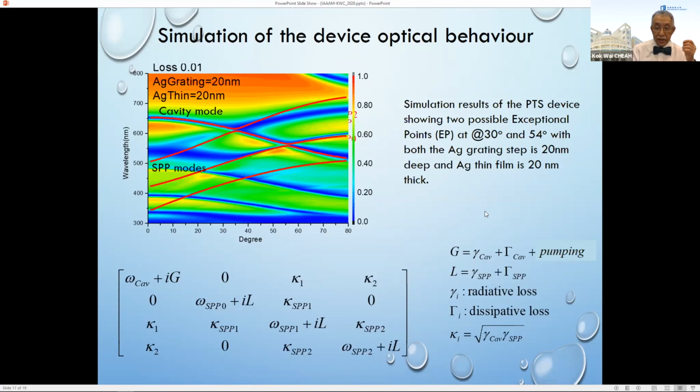The loss here we put down as 0.01, quite low, but you can see that the presence of exceptional points is quite obvious. This is ongoing work at the moment, and what we want to do is come up with a design whereby we can do photonic work experimentally and quantitatively show that we can observe the exceptional points.